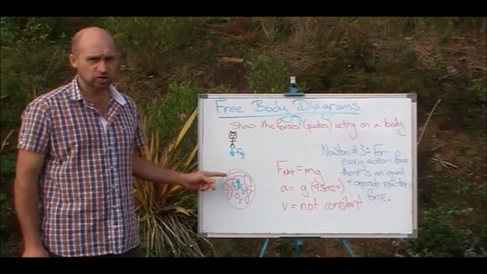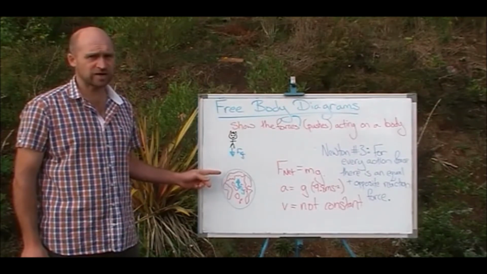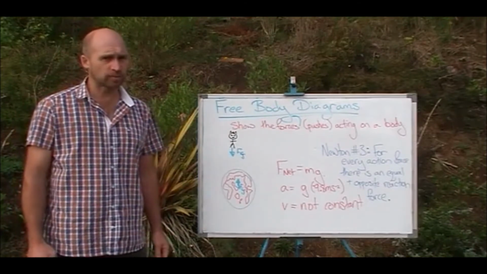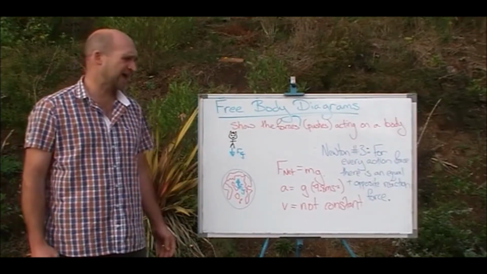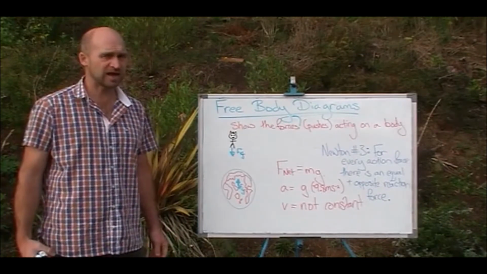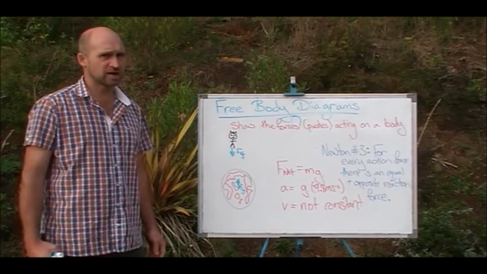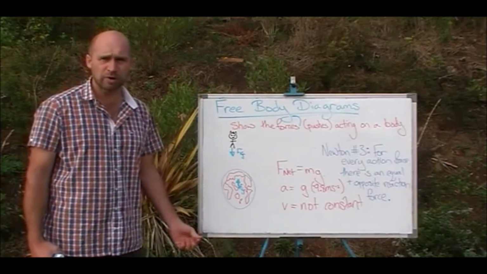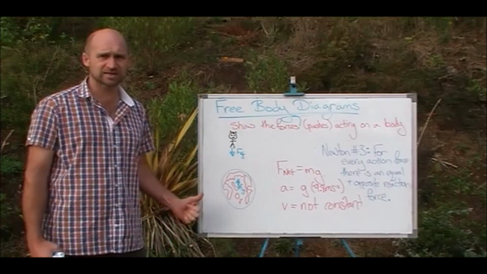Now that's Newton's third law in action. For every action force, there must be an equal and opposite reaction force. And a key point is that those two forces have to act on different bodies. So just as hard as the Earth is pulling us down, we're pulling it up with exactly the same force.